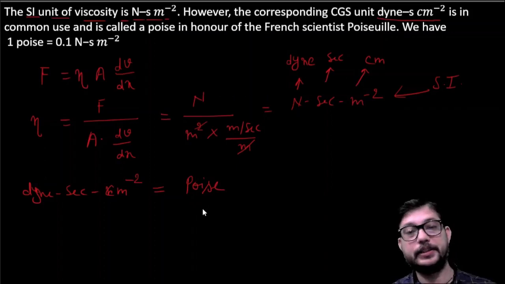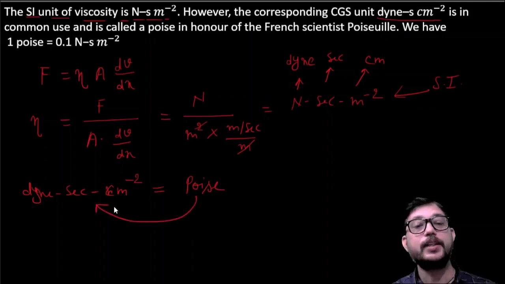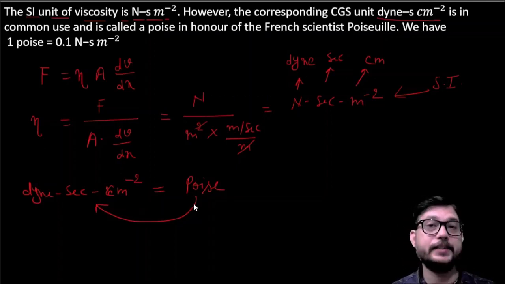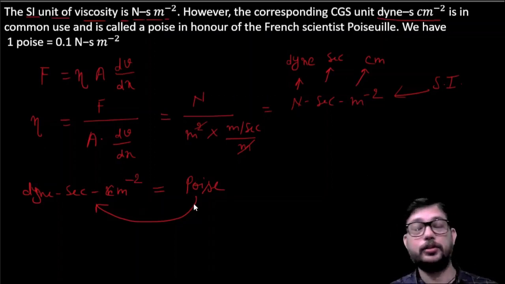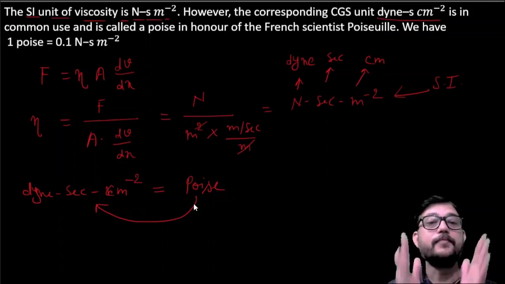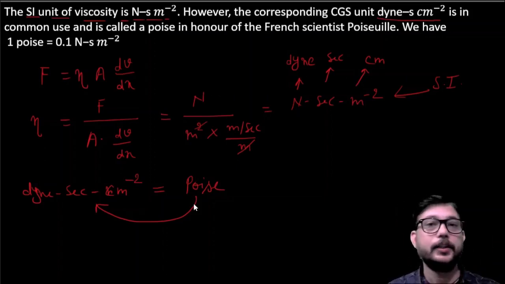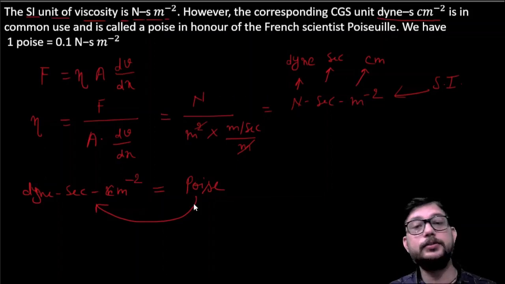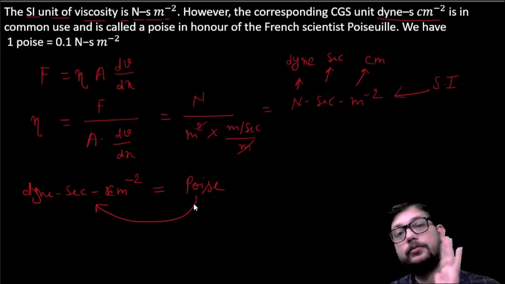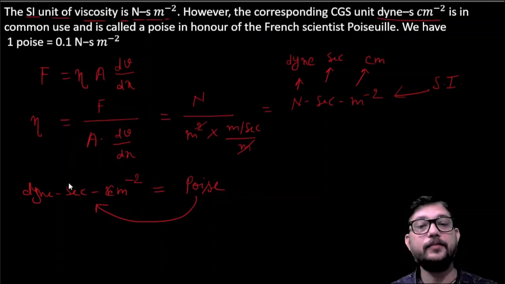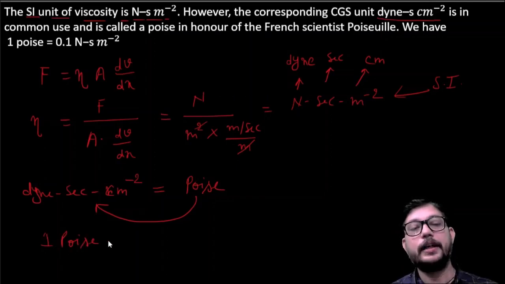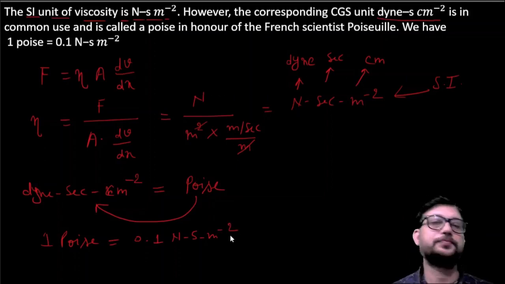So poise is the CGS unit of viscosity. Now if we have to convert the CGS unit into the SI unit, we have the relation that 1 poise is equal to 0.1 times Newton second meter inverse 2.